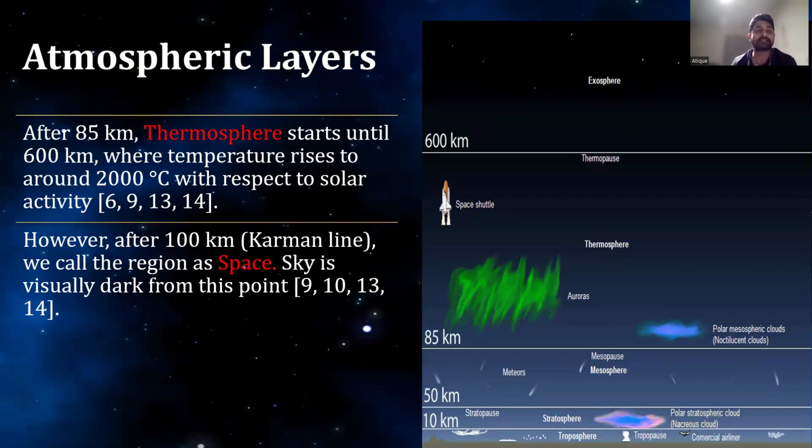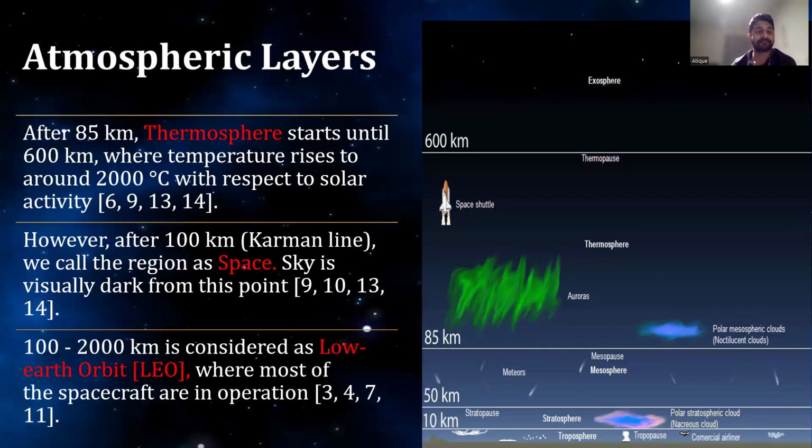For space, after 100 kilometers, which is also considered the Karman line, we regard this region as space because from this point, the sky is visually dark. From 100 to 2000 kilometers is considered low Earth orbit, where most of the spacecraft are in operation.